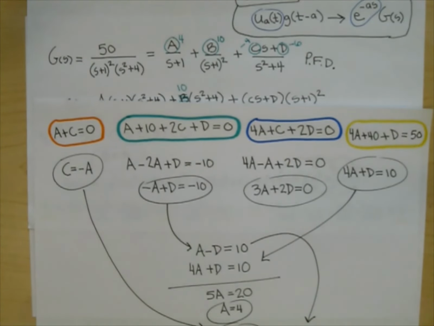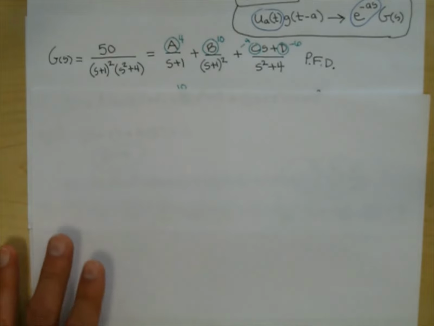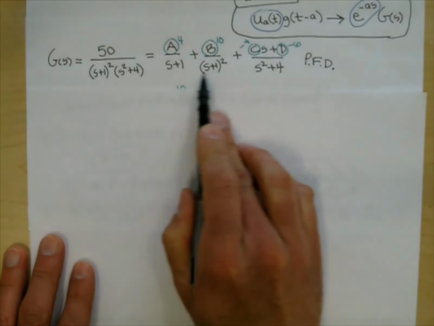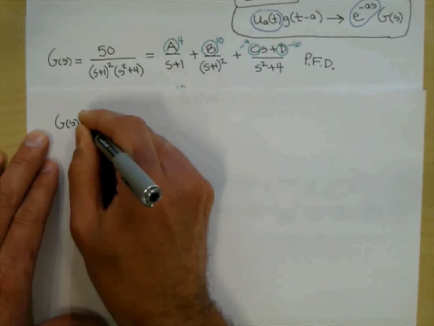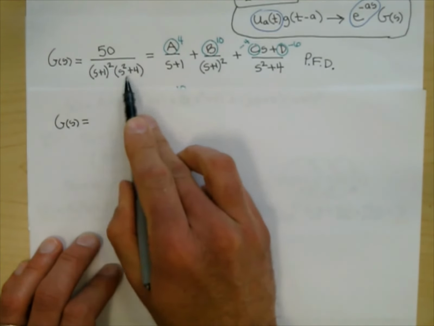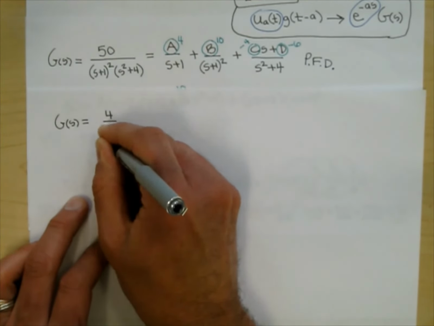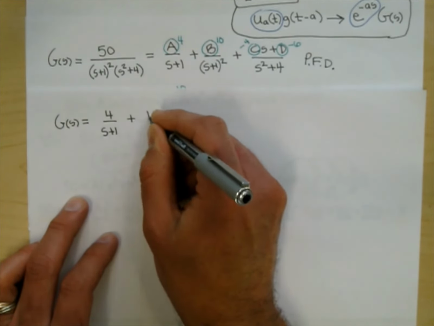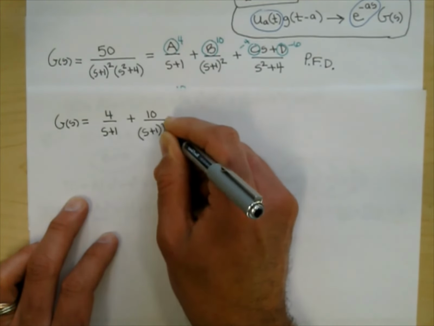So I'll pick up this paper here. So we did all this hard work of partial fraction decomposition to get this right here. So let's write out our G of S. G of S is, so we're not going to write the 50 over that junk. We're going to say 4 over S plus 1, and 10 over S plus 1 squared.